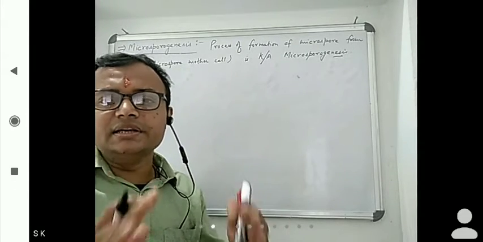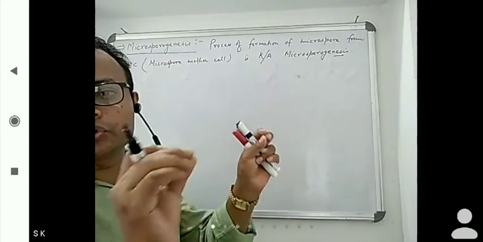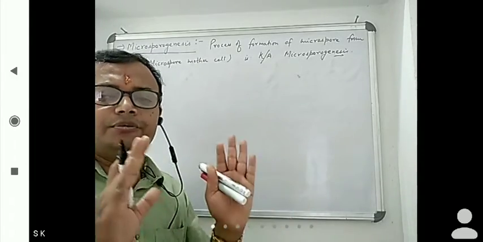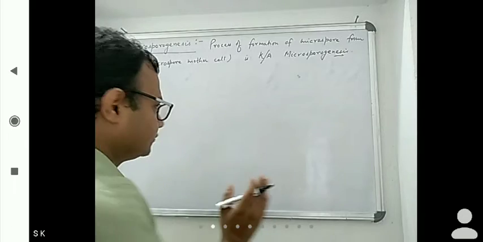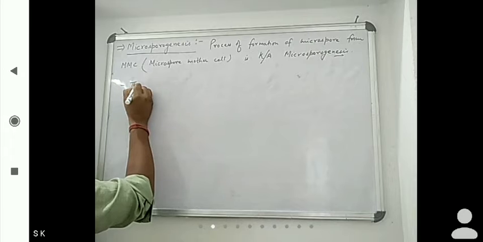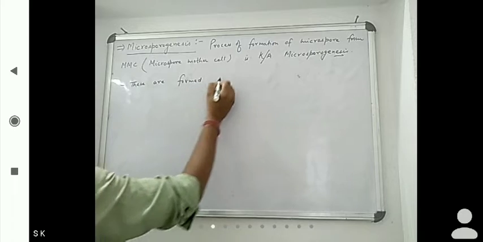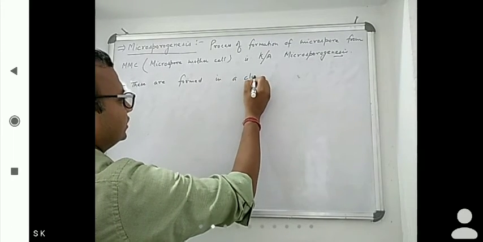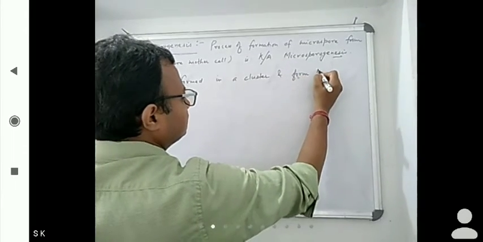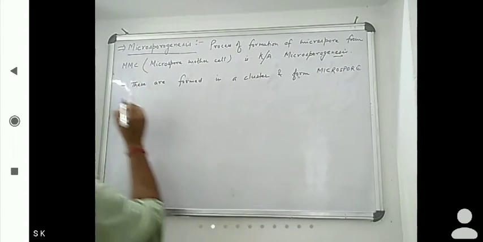Now here what happened? Microspores are arranged in a cluster, and form a microspore tetrad.